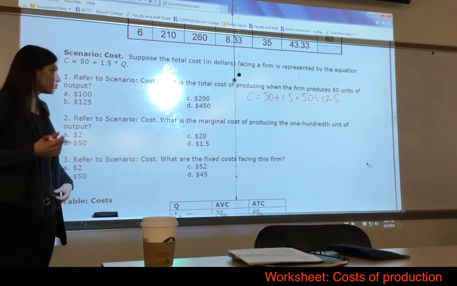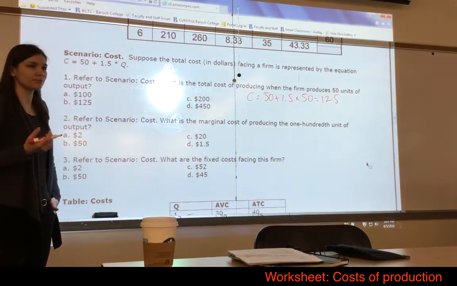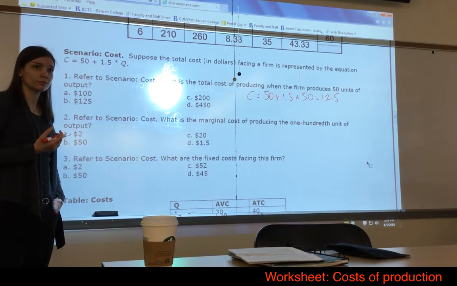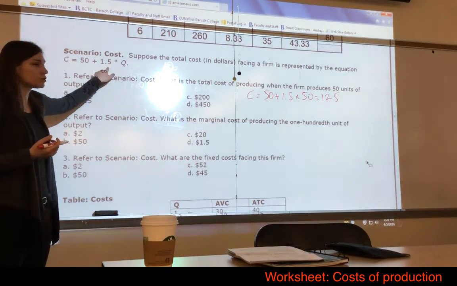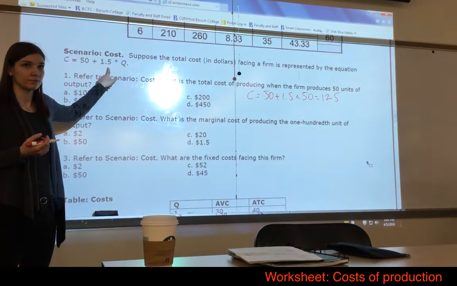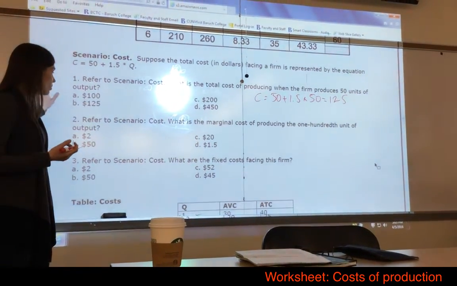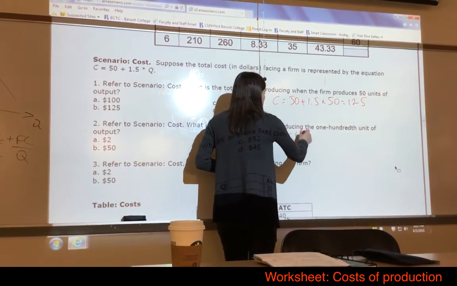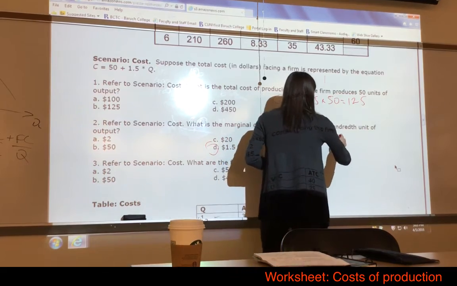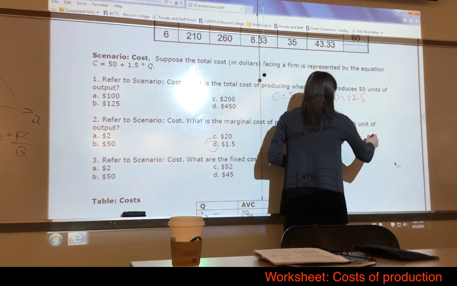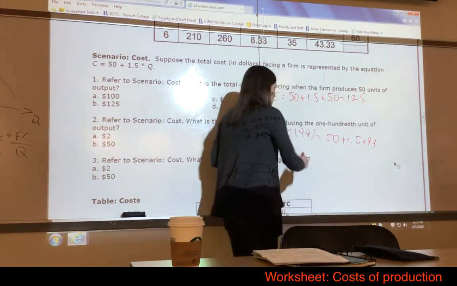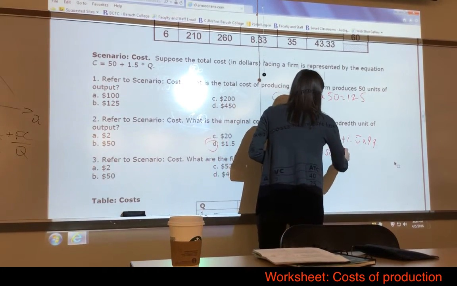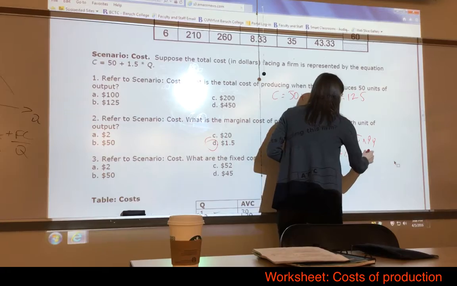We also know that the marginal cost is the first derivative of the total cost curve. And the first derivative of this is just 1.5. Okay? So if you want to do it the other way, it's going to work perfectly fine. The total cost at 99 would be 50 plus 1.5 times 99, and the total cost at 100 would be 50 plus 1.5 times 100.